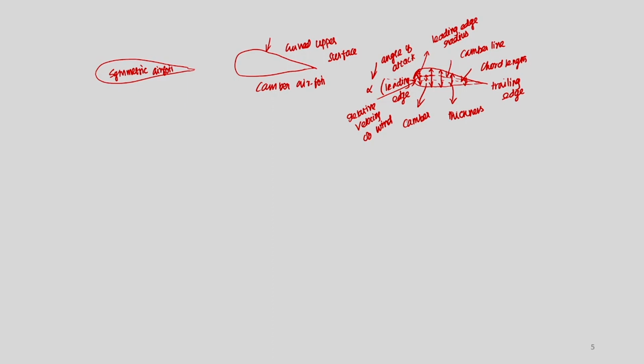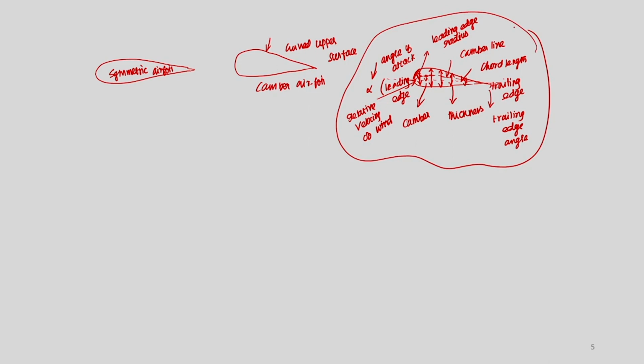So: angle of attack, leading edge, trailing edge, camber line, chord length, thickness, camber, and so on. The chord line and camber line can also be extended, and that is called the trailing edge angle. These are all the terminologies we have seen.